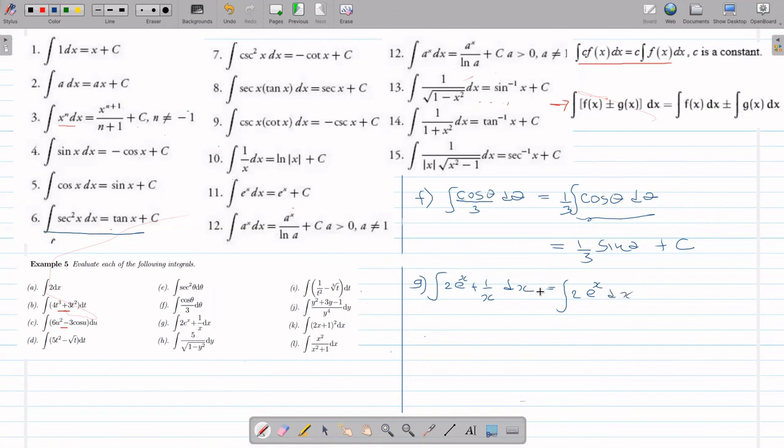So again I use the sum formula and break it down into 2.